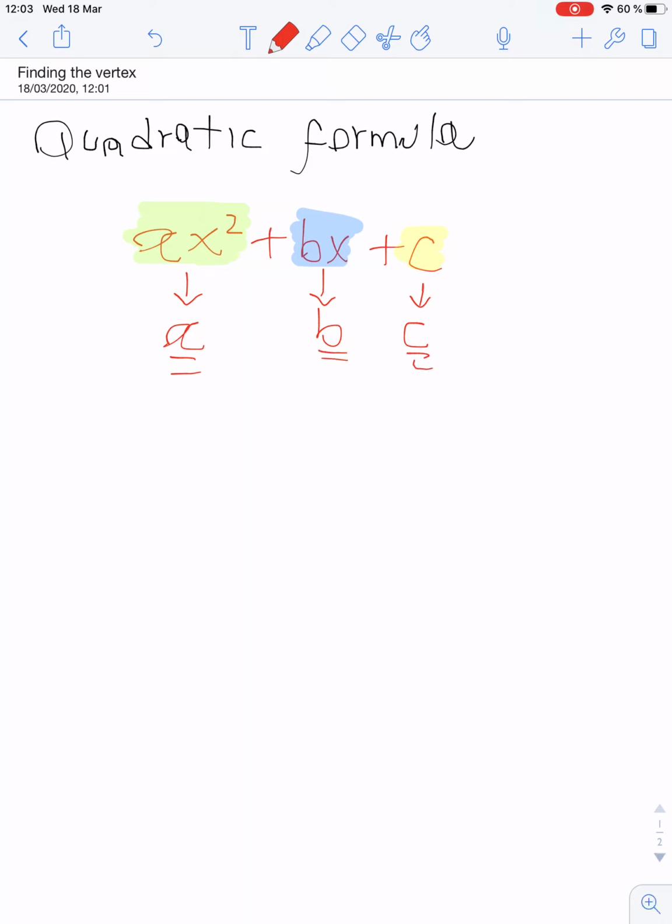It's a quadratic equation because the first term has a square.